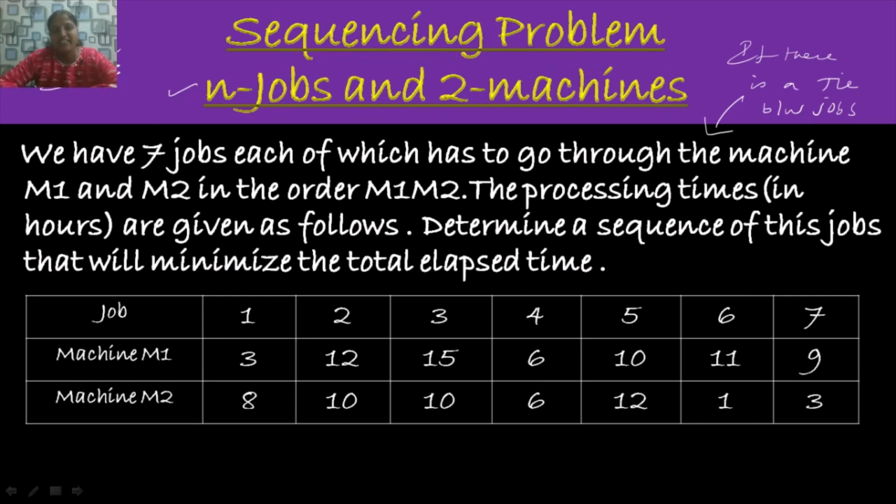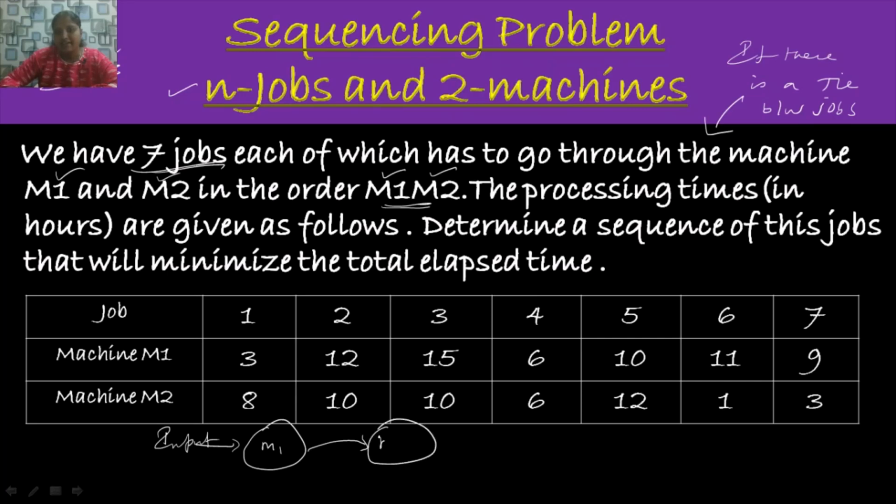Now let me move on to an example. We have 7 jobs, each of which has to go through the 2 machines M1 and M2 in the order M1, M2. That is, each job has to first enter machine M1 and complete its processing time, then enter machine M2 and complete its processing time, and only then do we get the output.